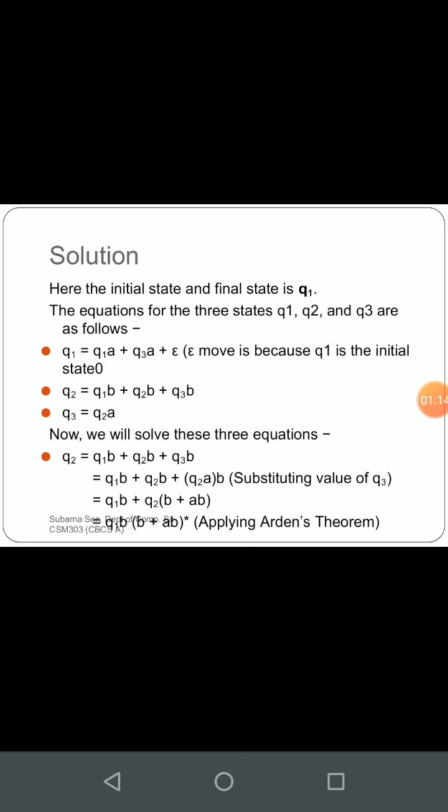If you follow what Arden's theorem says, if R equals Q plus RP, then R equals Q dot P star. So here Q is equal to Q1B and P is equal to B plus AB. So ultimately it will be Q1B dot B plus AB whole star, right?